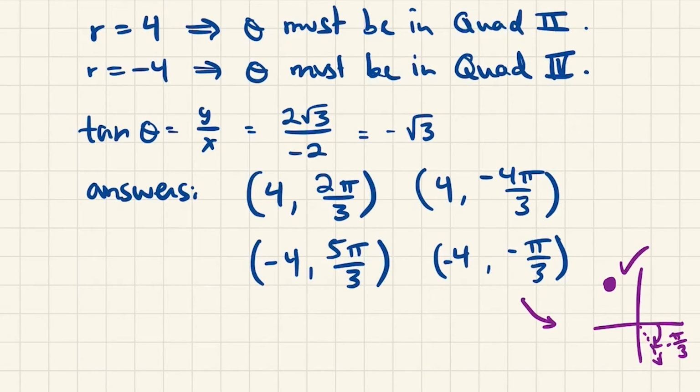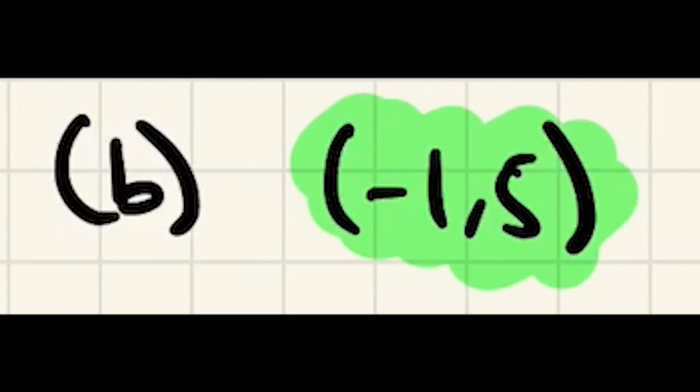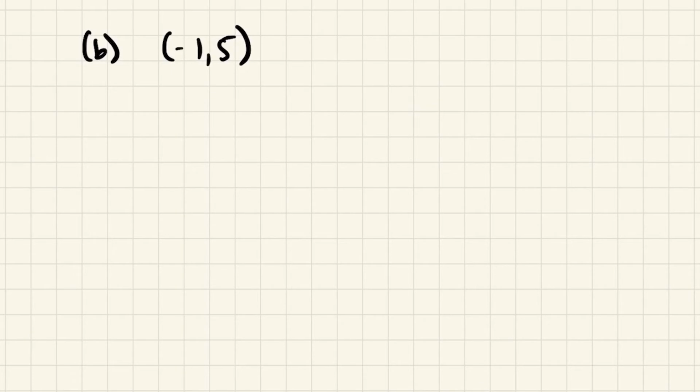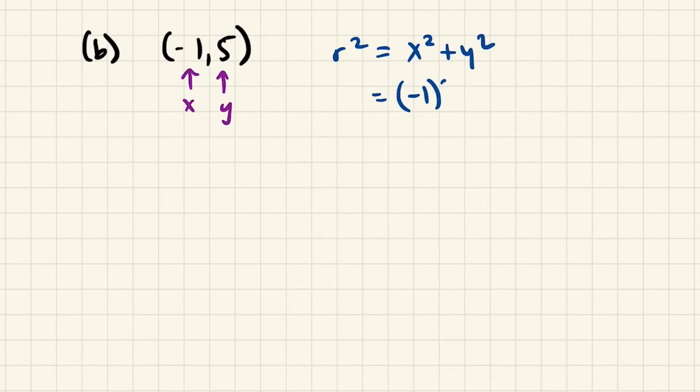All right, so let's look at part B, the point -1, 5. Again, we're going to just use the fact that we're given x and y here, and so r squared is x squared plus y squared, which is -1 squared plus 5 squared. So that would be 1 plus 25, which is 26.